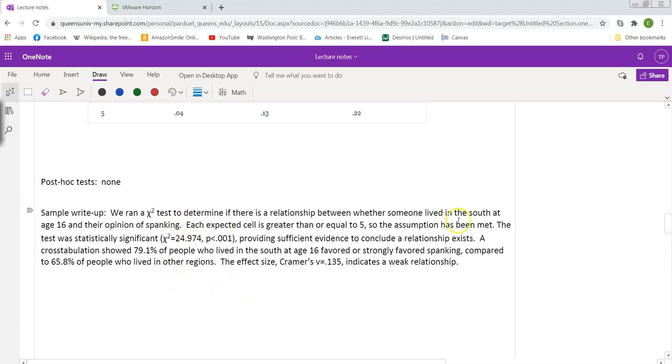So we talked about our assumptions, and then we found in our data that our test was statistically significant, which gave us sufficient evidence to conclude that a relationship exists.